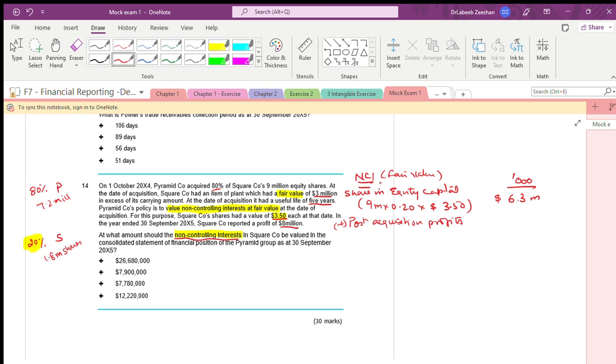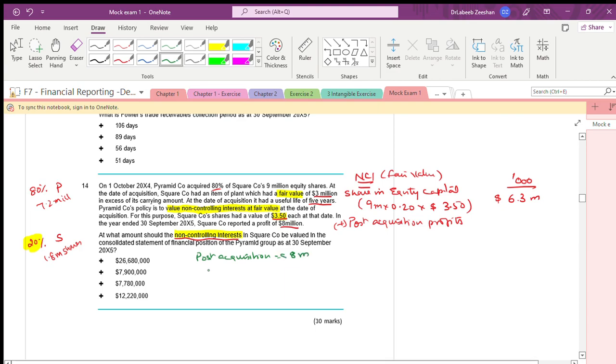From this 8 million, you have to deduct depreciation.